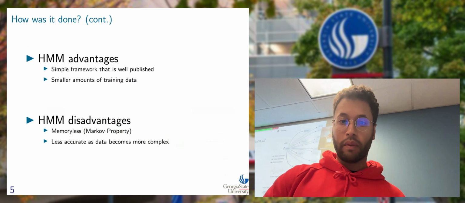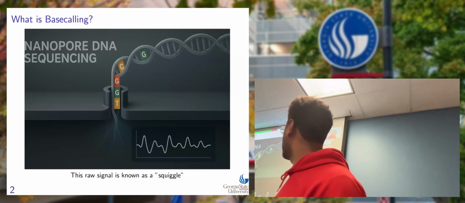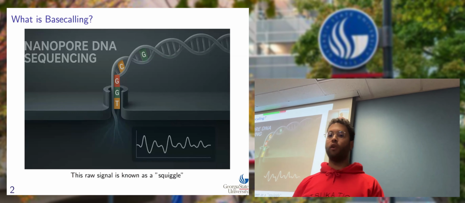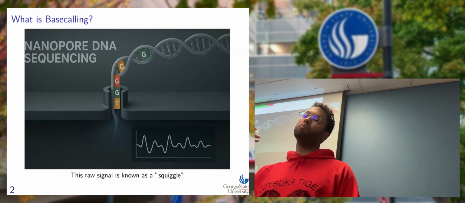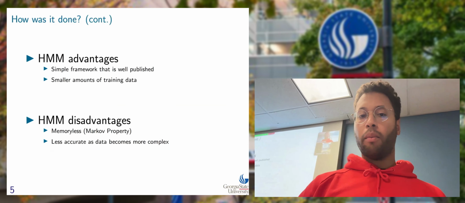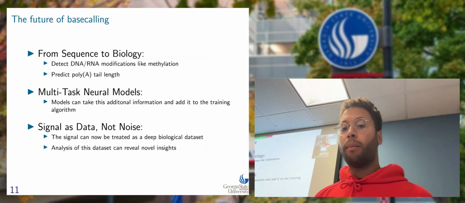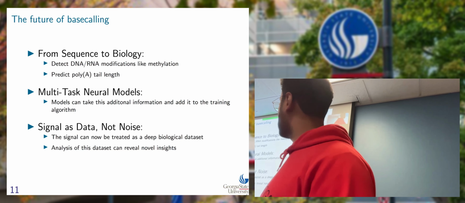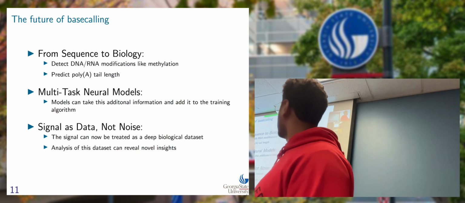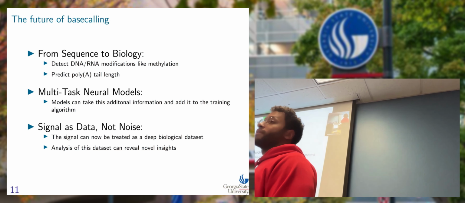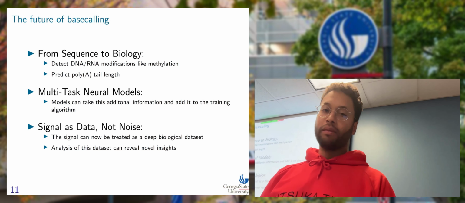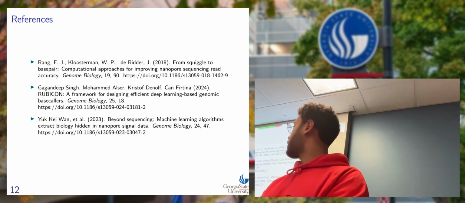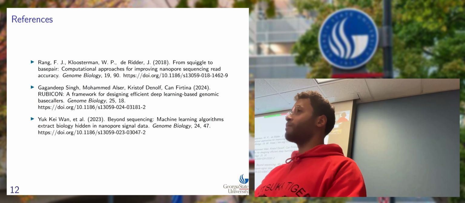This squiggle, which I more or less wrote off as a noisy signal, we can see as something more than that. And we can draw perhaps deeper biological conclusions and reveal novel insights. That's all I got. That's my references.